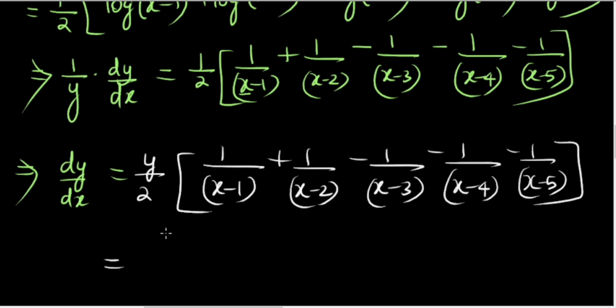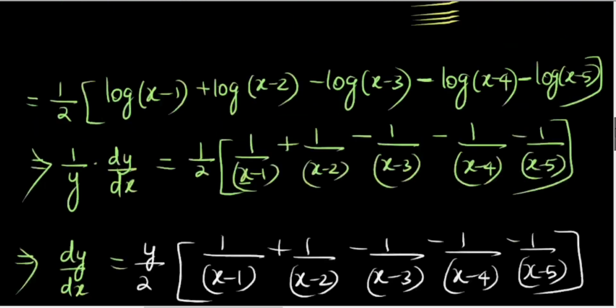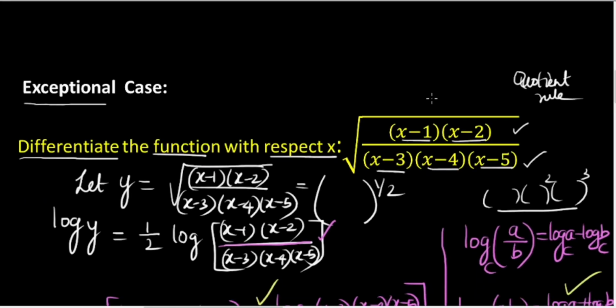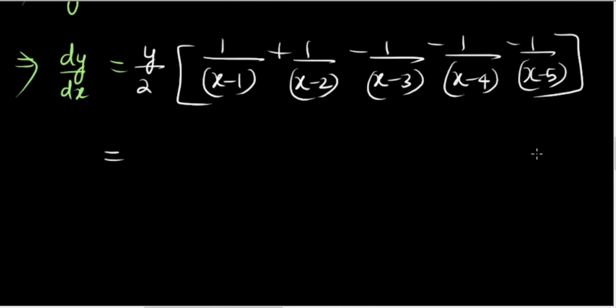So now y is nothing but the given question. What is the given question actually? This is the thing we need to write down now. So let me write down everything here. Of course it's quite big.